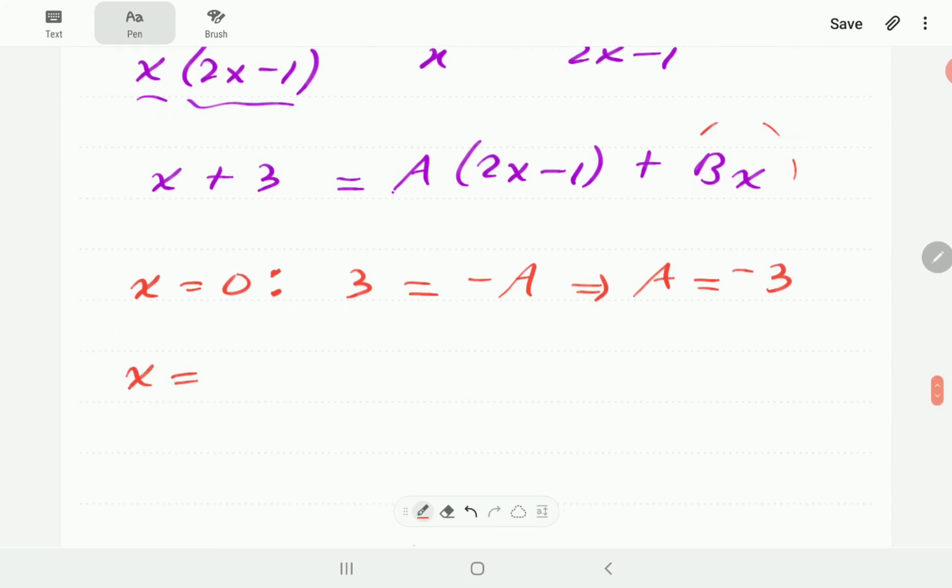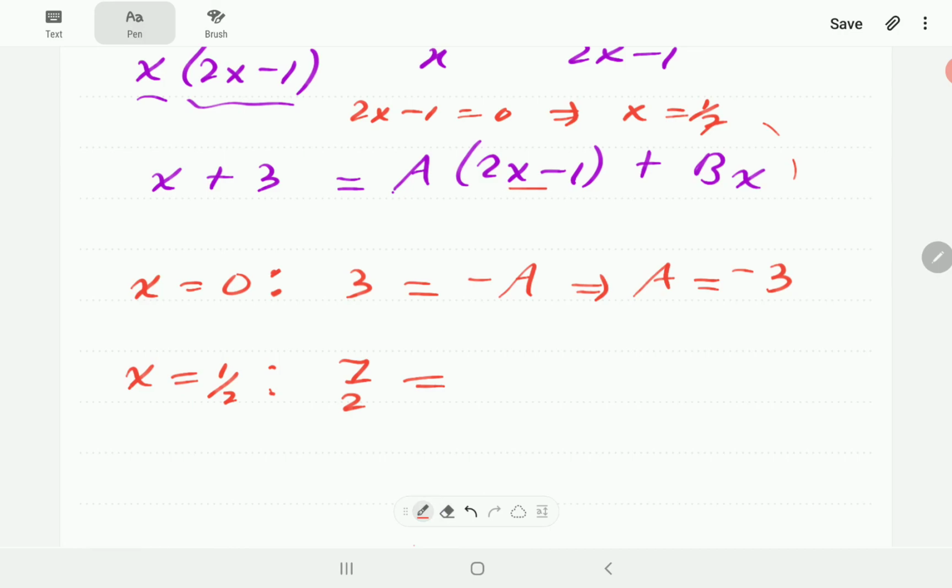Then we're going to use the other one, x equals 1/2, which you get by taking 2x minus 1 and equating it to 0. So when x equals 1/2, this is going to be 1/2 plus 3, which is 3.5, 7 over 2.